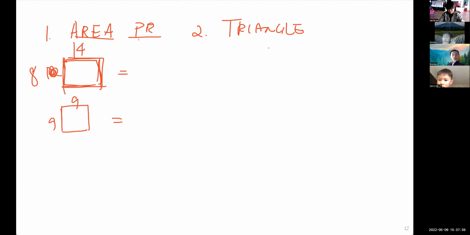Wait, what is this part? 14 and 8. Oh. 9 and 9. Hey, are we doing the perimeter or area? Both. Okay, I'll do the area first.